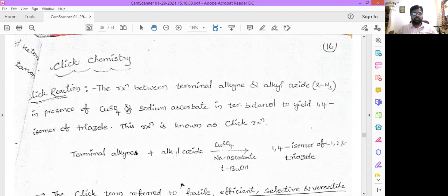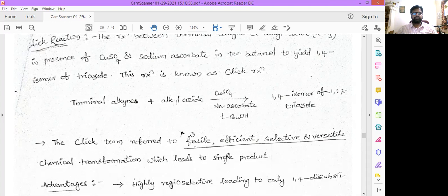Click chemistry is the reaction between terminal alkynes and alkyl azides in presence of copper sulfate and sodium ascorbate in tertiary butanol to yield 1,4 isomers of triazoles. This reaction is known as the click reaction.